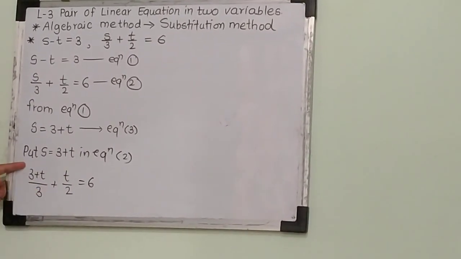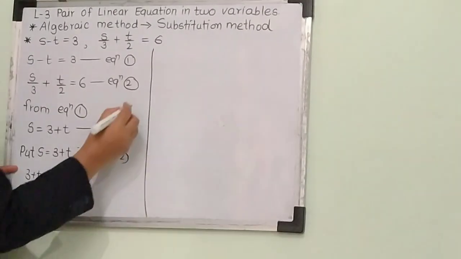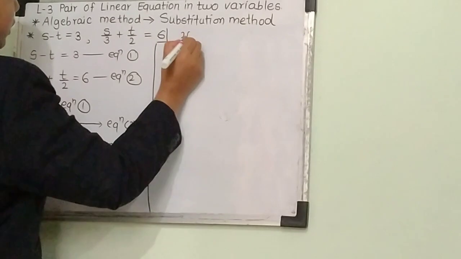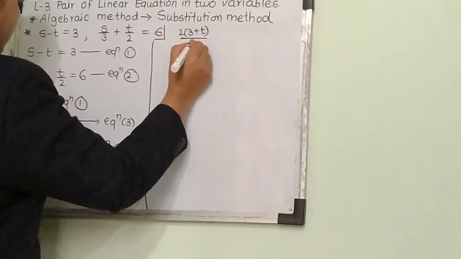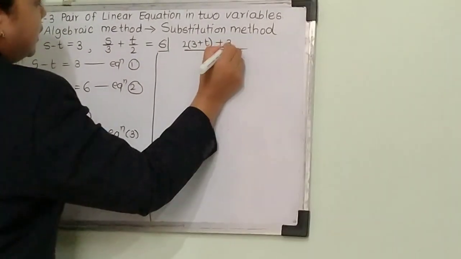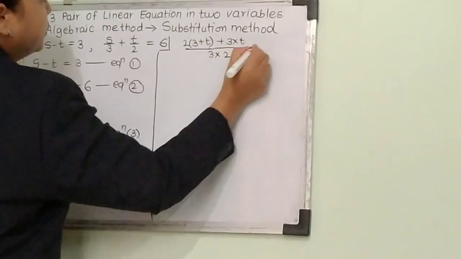Now cross multiplication, we get 2 into 3 plus t plus 3 into t upon 3 into 2 equals 6.